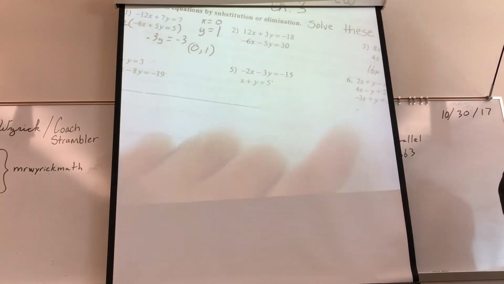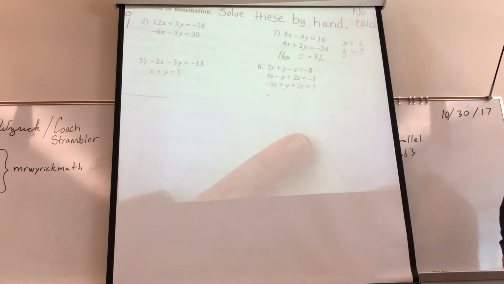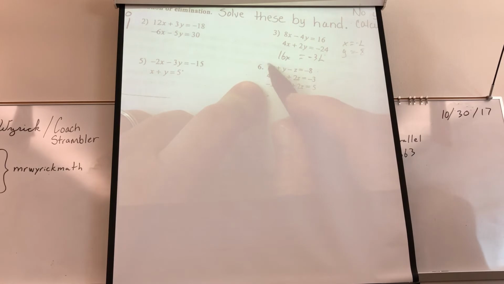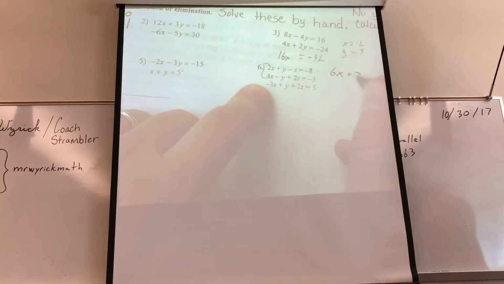On number 6, it's important to figure out what you're going to have for your key equation because it's 3. So if I combine these first two, that's 6x plus z is equal to -11 because the y's would cancel out.